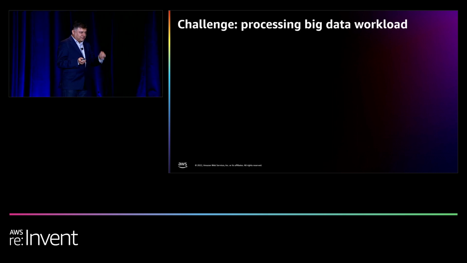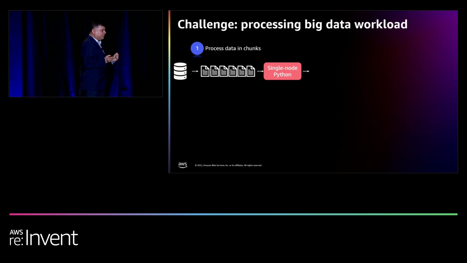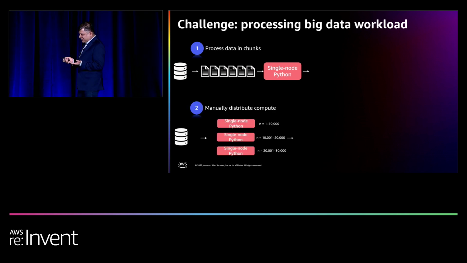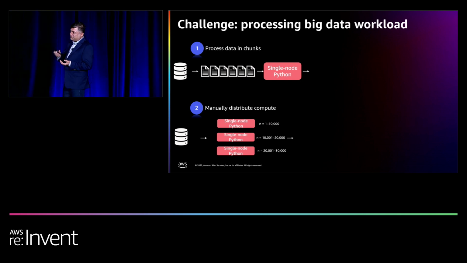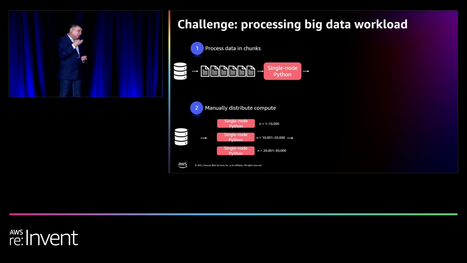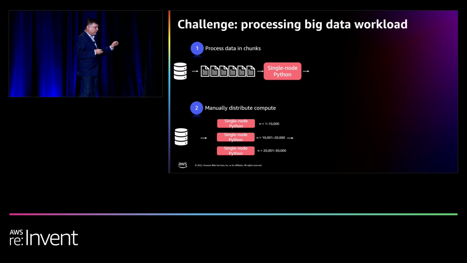So if you are restricted to a single node, you have only two options. Option one, split the data and process the data in chunks. The second option is to manually distribute the data. So you basically define the rows from 1 to 10,000, and then 10,001 to 20,000, and so on and so forth. And you build the orchestration around that to support it.